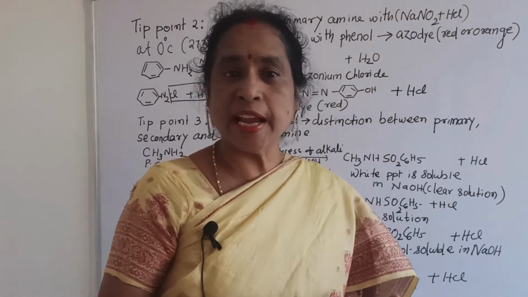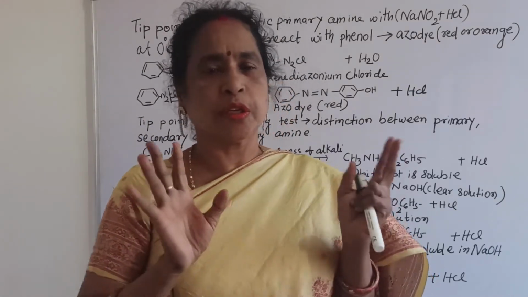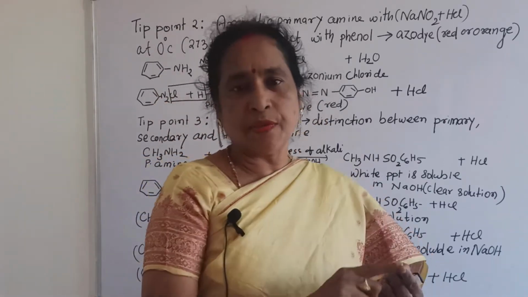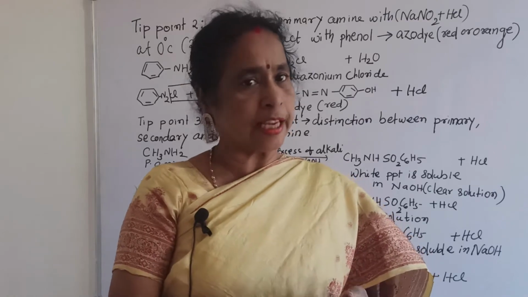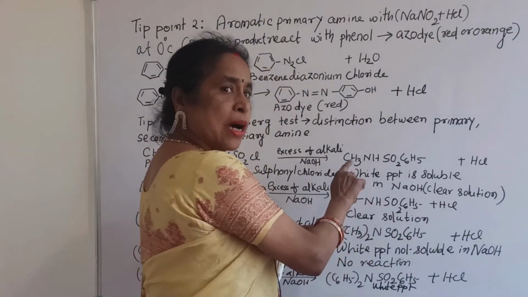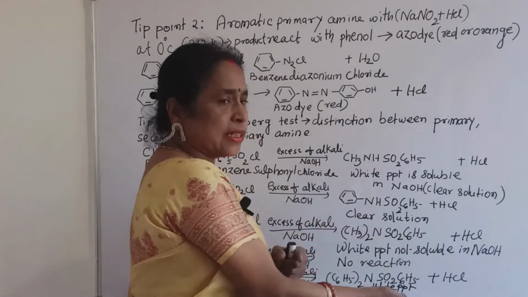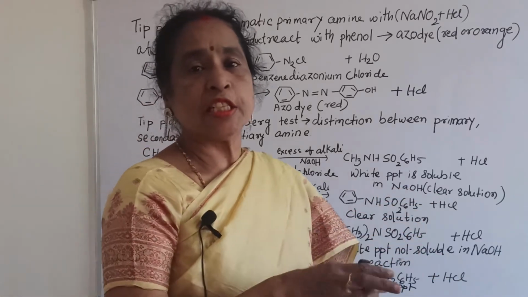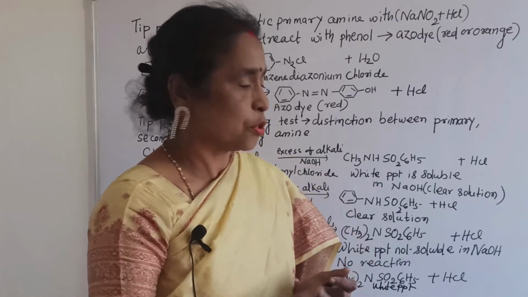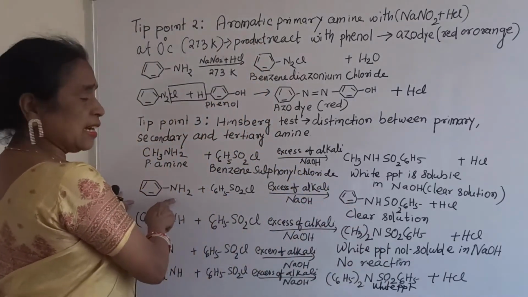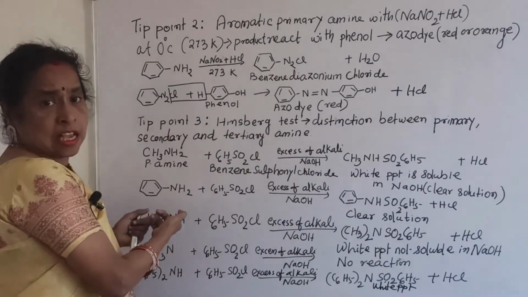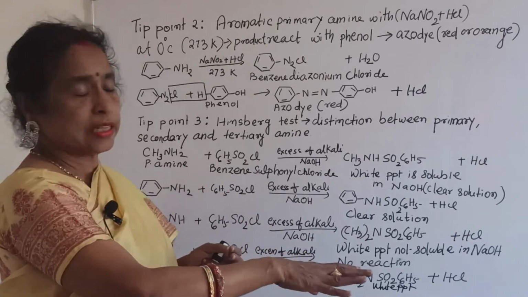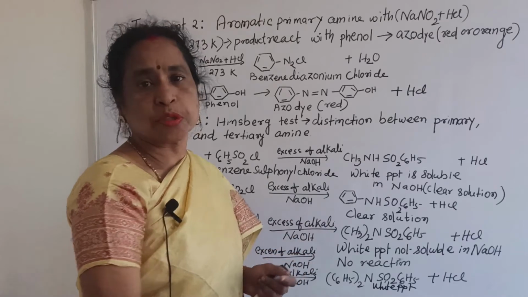At last you will get a clear solution. That means a primary amine, aliphatic or aromatic, gives a white precipitate first and then a clear solution with excess NaOH. If you take aniline, also a primary aromatic amine, the same reaction occurs and you get a clear solution.